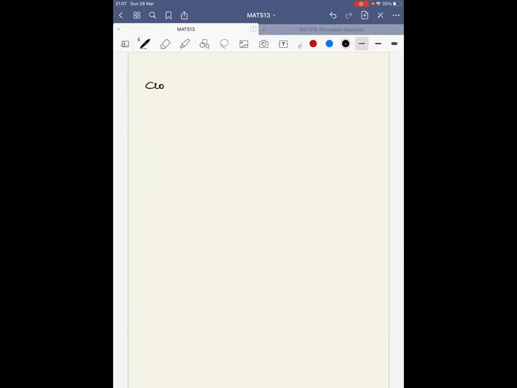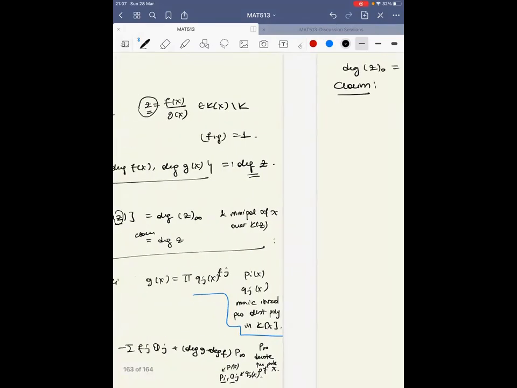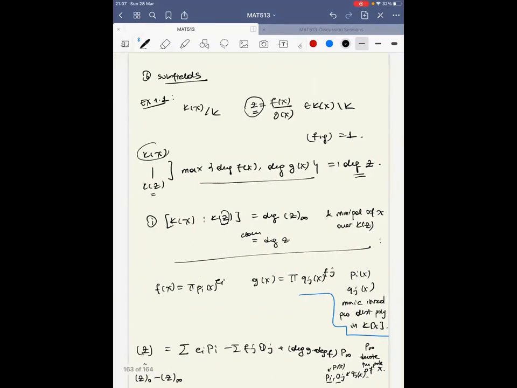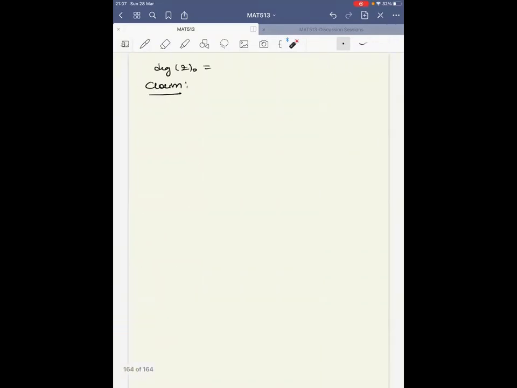our claim is that depending on this decomposition and the degree of the numerator and the denominator, indeed the extension degree is the maximum of the degree of f and g.